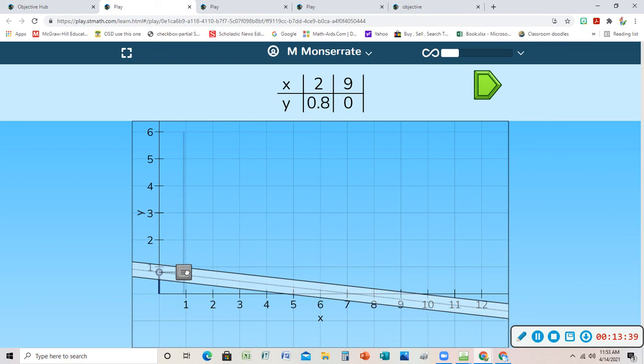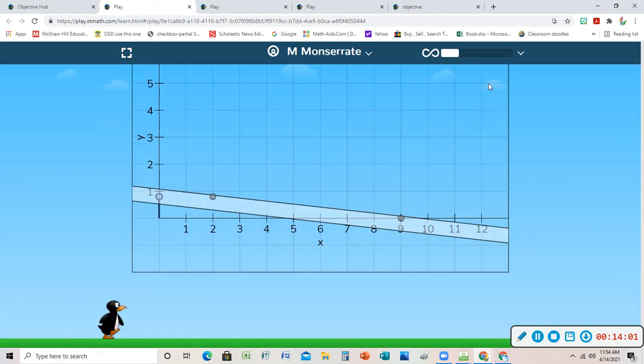I guess I can move it up just a little bit. So when my x is 9, my y is 0. And I can see right here, my x is 9 and my y is 0. And there we go.